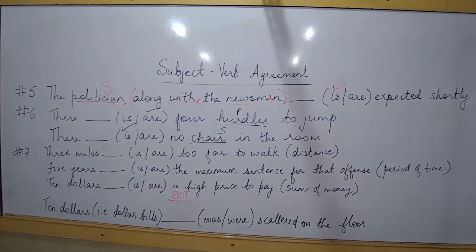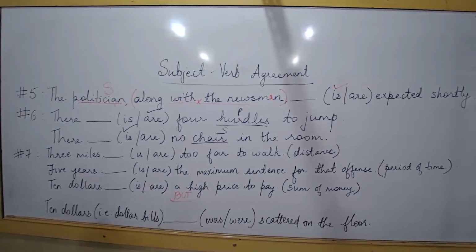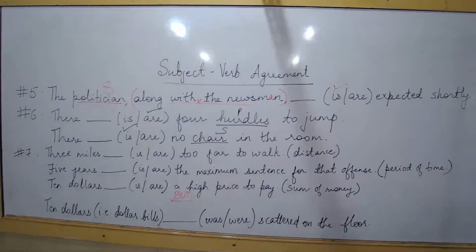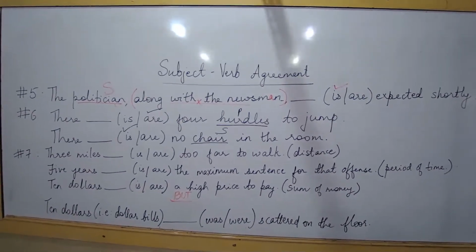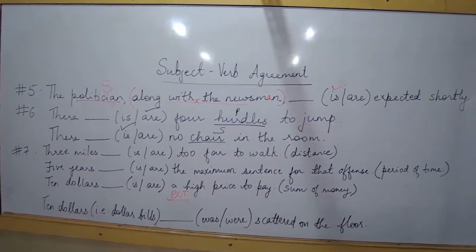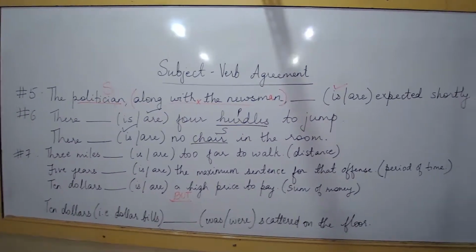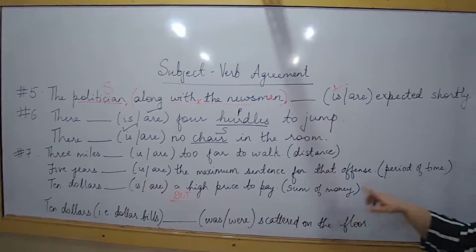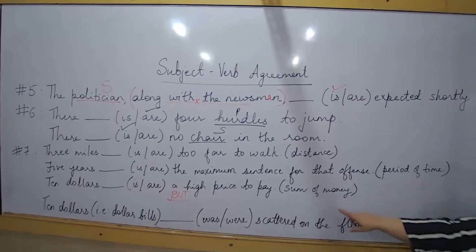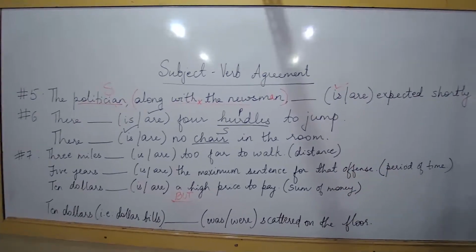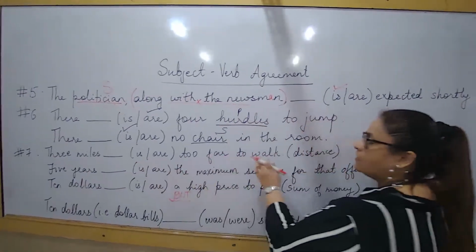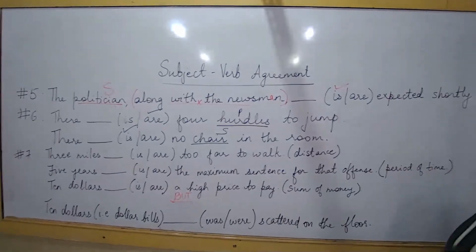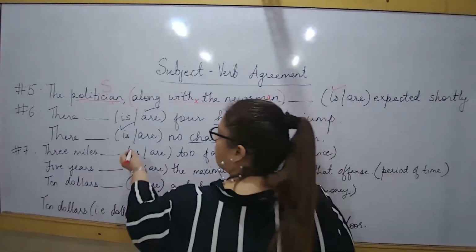So what does the rule read? Use a singular verb with distance, period of time, sum of money, etc., when considered as a unit. Use a singular verb with periods of time, sums of money or distance. So here, 3 miles dash too far to walk. Is. What is the rule?